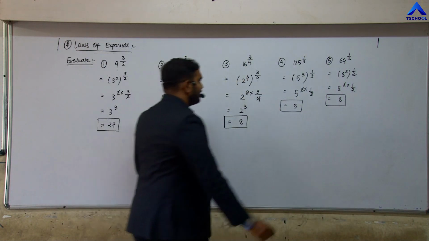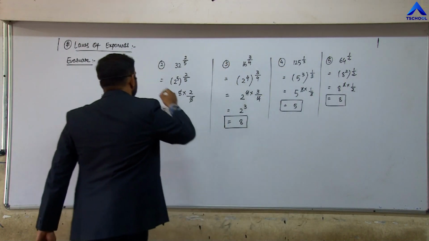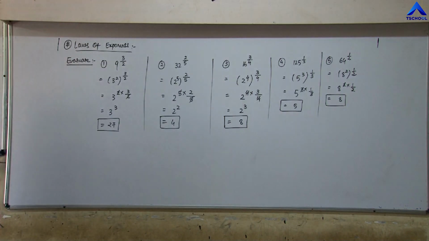So these are the answers to these questions for finding the values of numbers having rational powers: 9 raised to 3 by 2, 32 raised to 2 by 5, 16 raised to 3 by 4, 125 raised to 1 by 3, and 64 raised to 1 by 2, right?